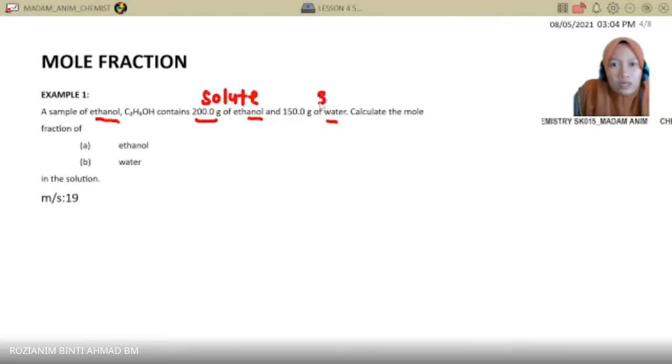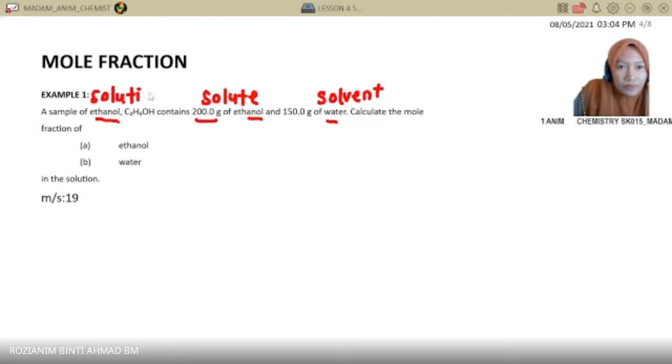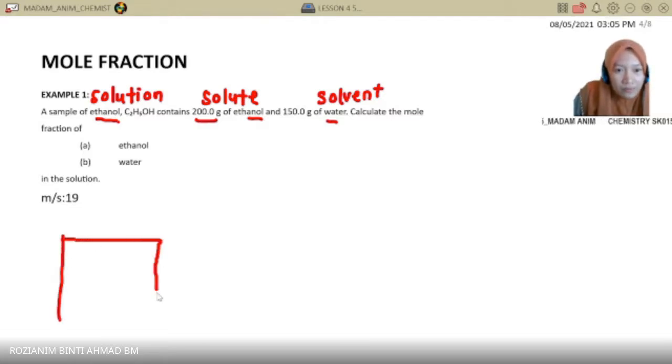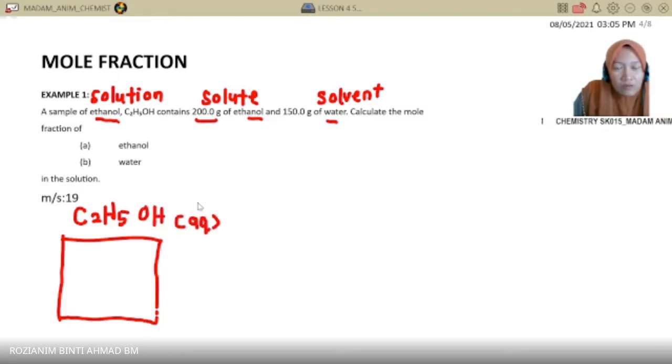Water is our solvent, and ethanol solution means that inside the container we have ethanol solution, C2H5OH aqueous. So what is the meaning of aqueous? Aqueous is a solution containing the mixture of solute plus solvent.